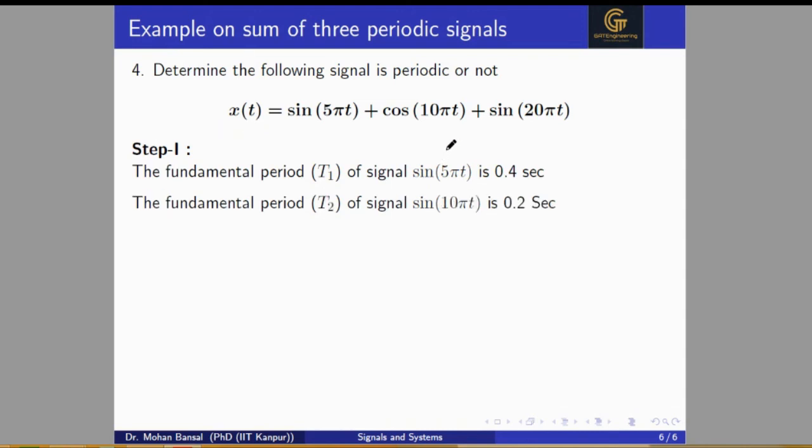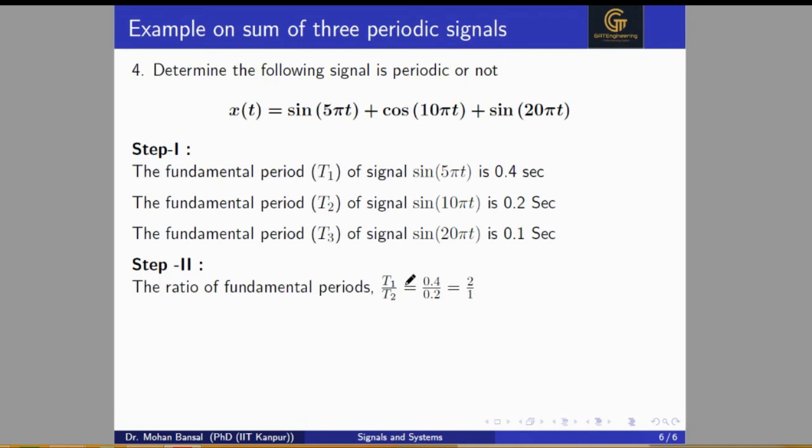The fundamental period T2 of the signal 10 pi t will be 0.2 seconds. The fundamental period T3 of the signal 20 pi t will be 0.1 seconds. Now we'll compute the ratio for all the combinations: T1 with T2, T1 with T3, and T2 with T3.